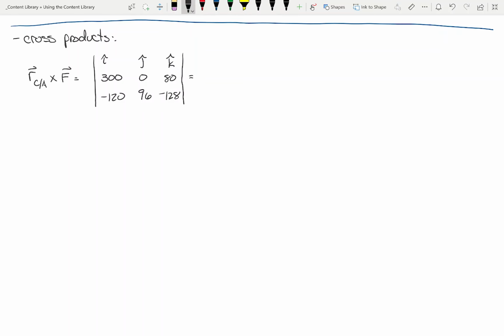So, remember, strike out the rows and columns, and I get strike out the rows and columns.